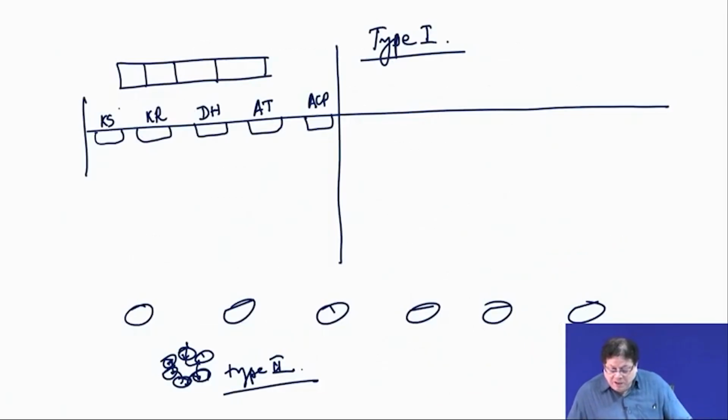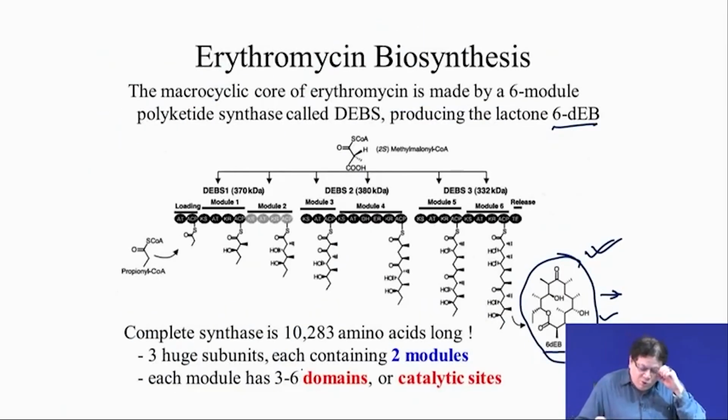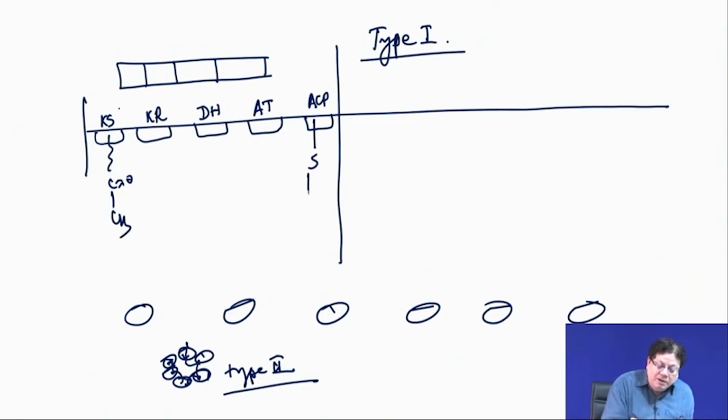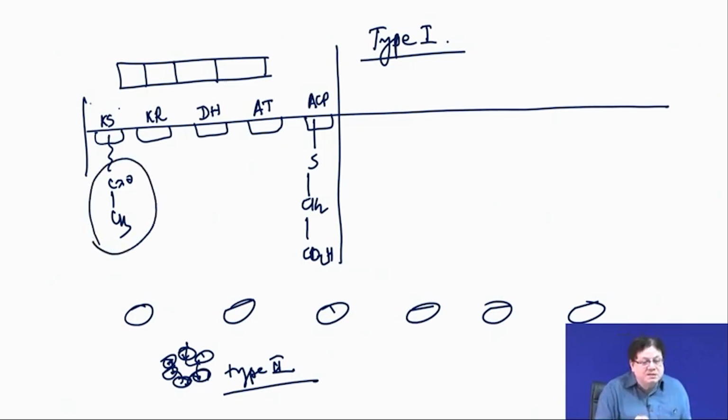Now let me see which way we should go. The first reaction I told is basically between a ketosynthase holding an acetyl group and an ACP which is holding the malonyl group. That is the first reaction. Now, the question is who is putting this acetyl group to the ketosynthase? Is that also done by another enzyme?